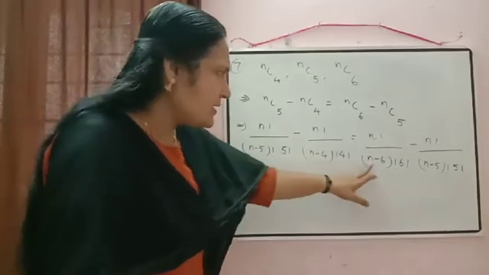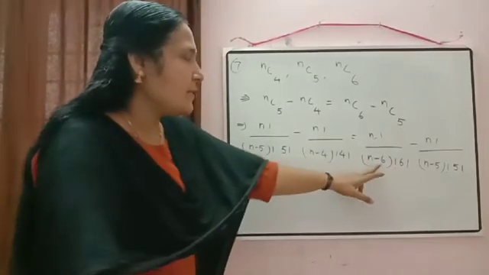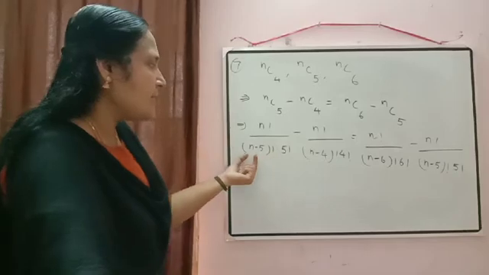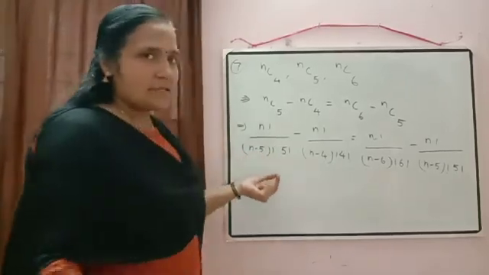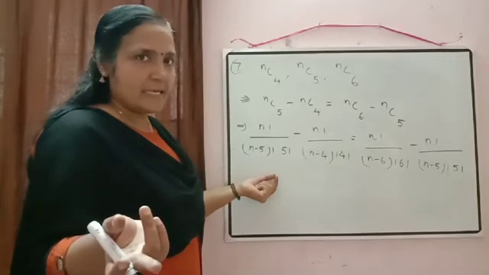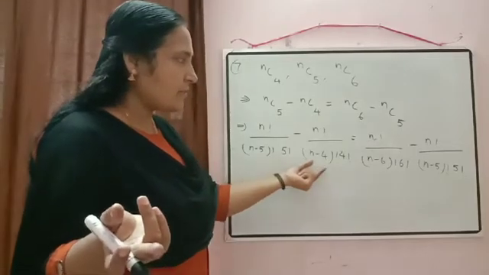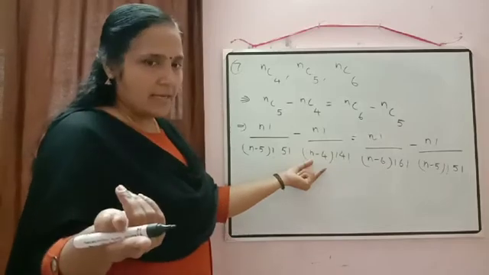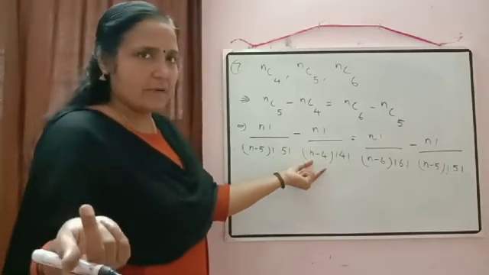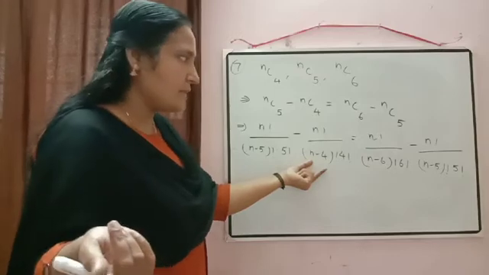The smallest one is n minus 6 factorial. So how can we rewrite the remaining ones? n minus 5 factorial can be written as n minus 5 into n minus 6 factorial. Then n minus 4 factorial can be written as n minus 4 into n minus 5 into n minus 6 factorial. So in the next step we will do that.